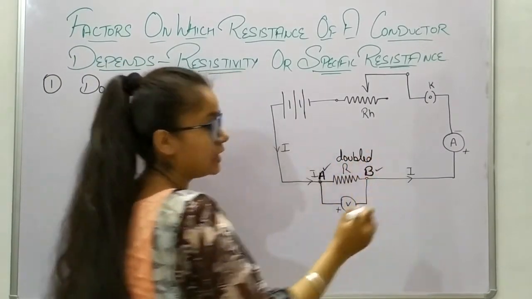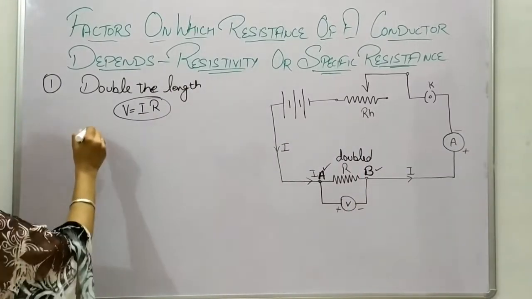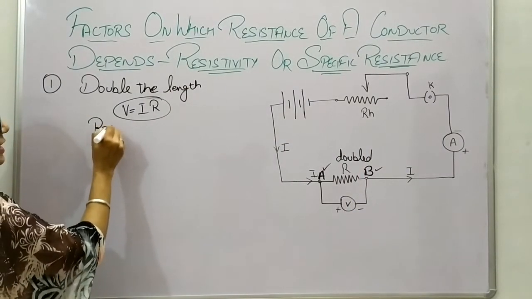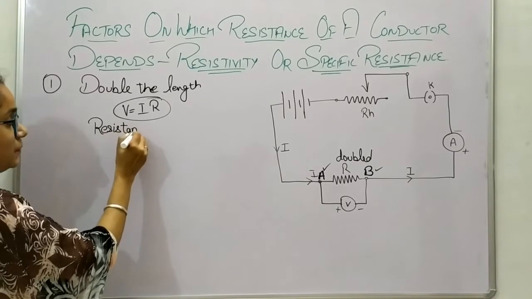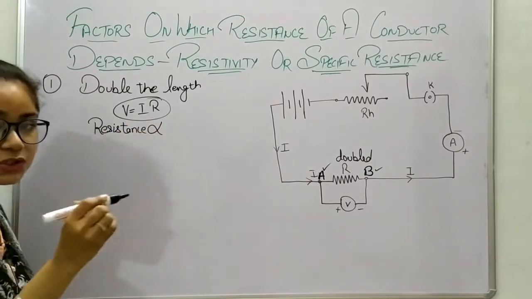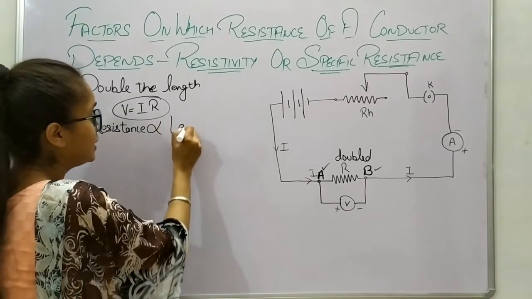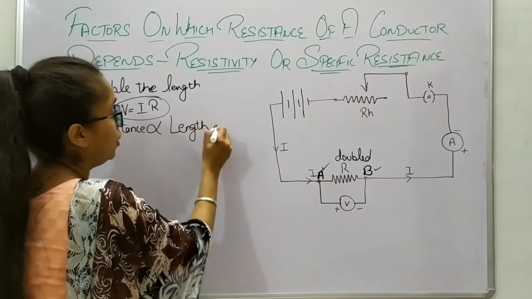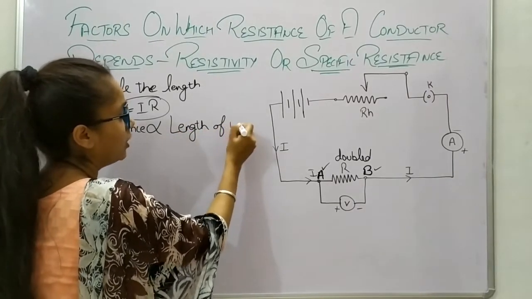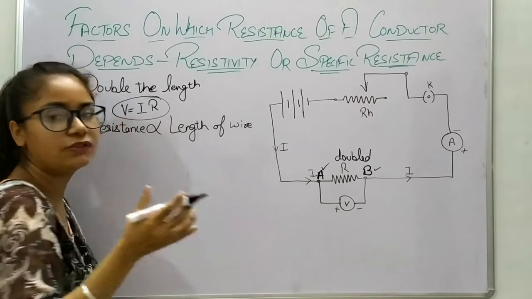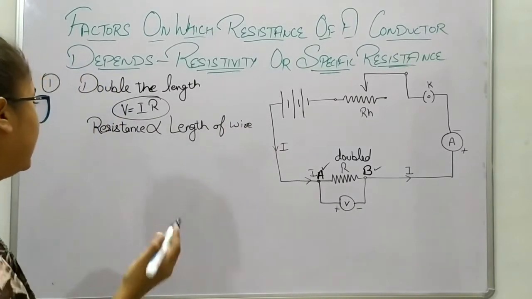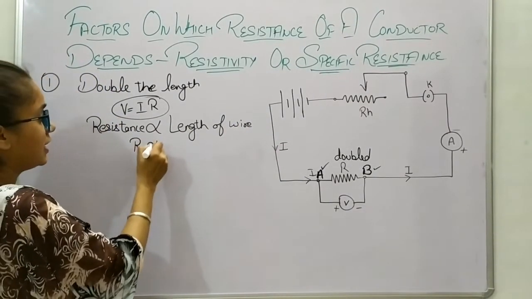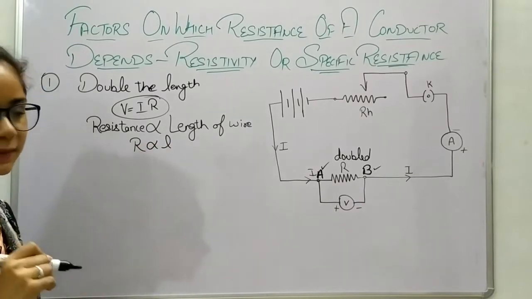Well, if it gets doubled, that means the resistance of a conductor is directly proportional to the length of the wire, or you can say the length of the conductor. Okay, that means R is directly proportional to L.